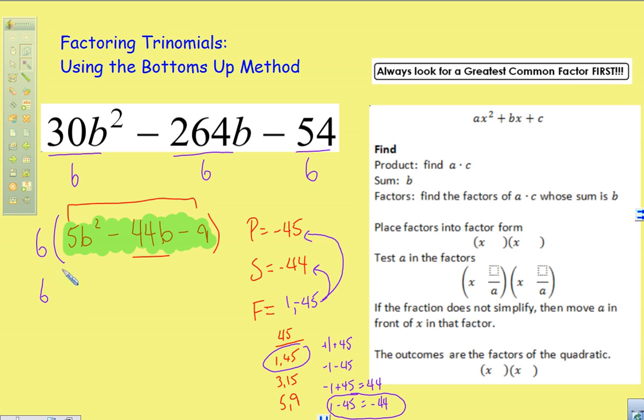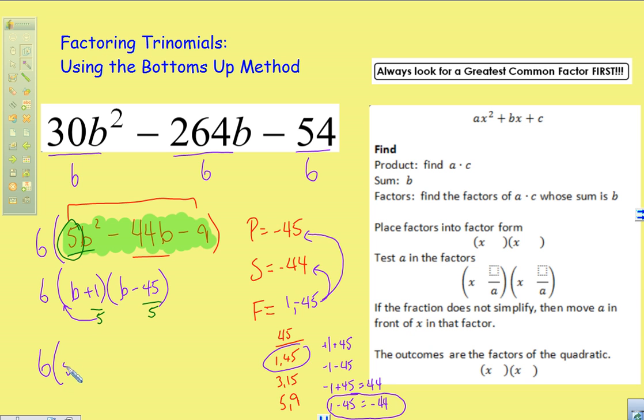So 6 times (b plus 1)(b minus 45). Okay, I'm supposed to take my leading coefficient right here, divide by 5, divide by 5. So I get 6. 5 doesn't go into 1, so I move it out in front.